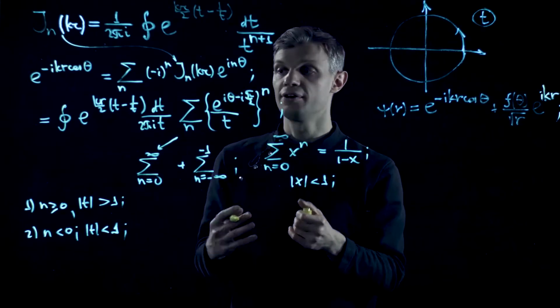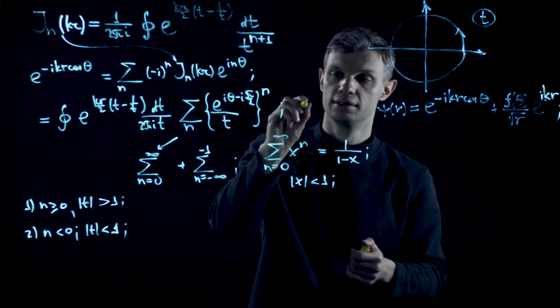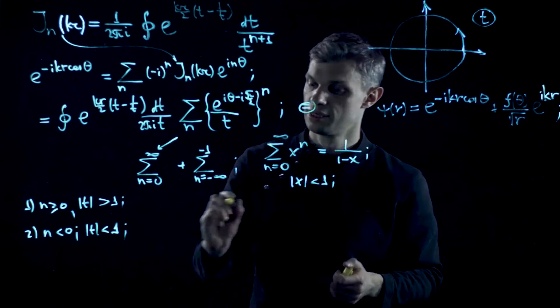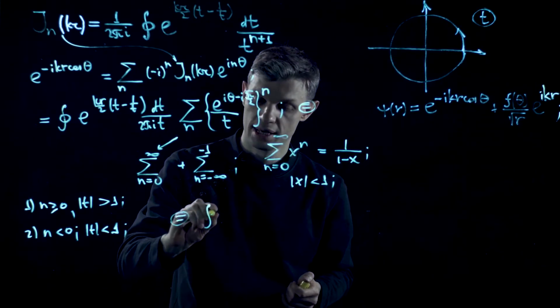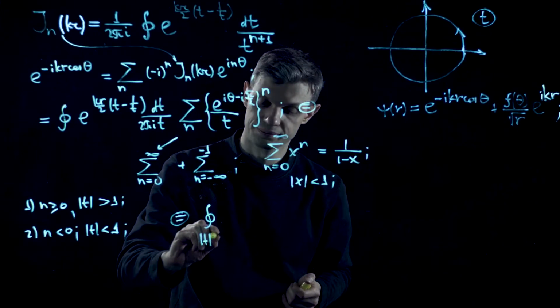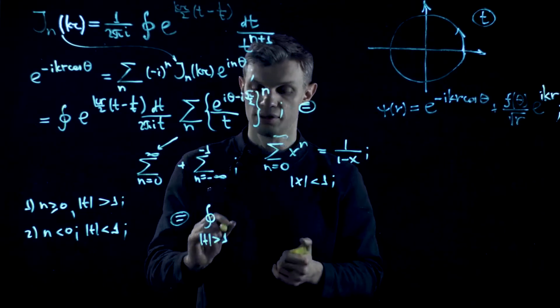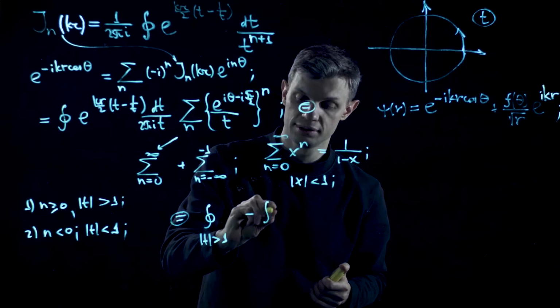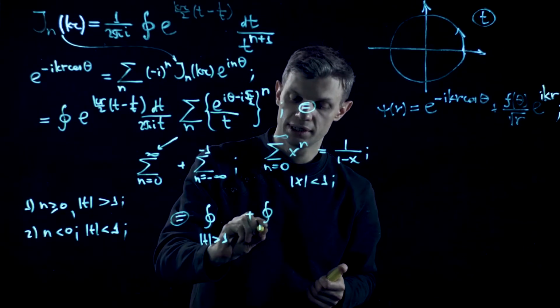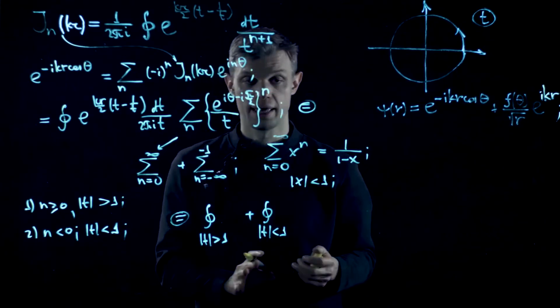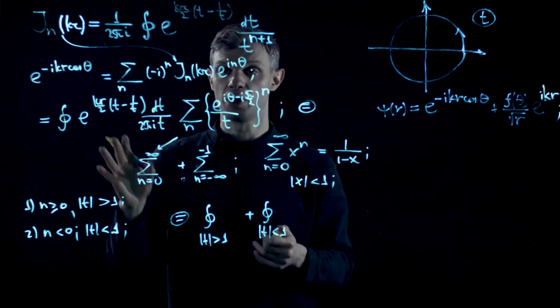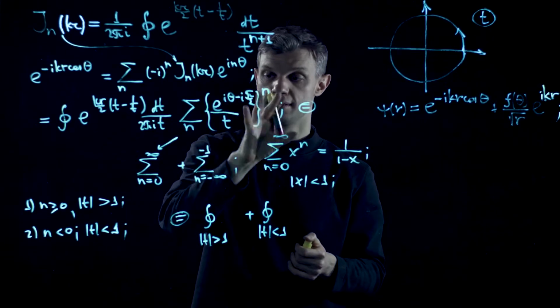So basically now we have two integrals which are almost identical. But the first one is taken along the large circle, and the second one along the small circle.